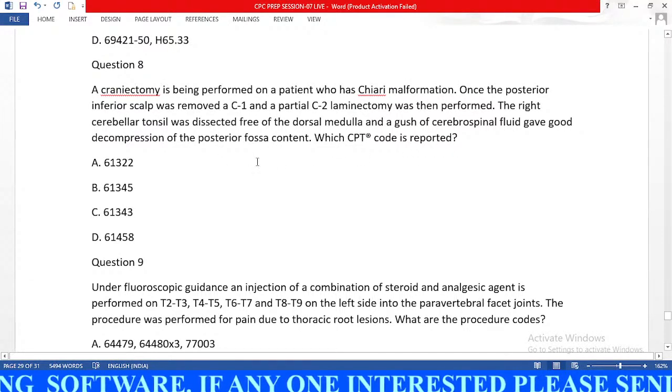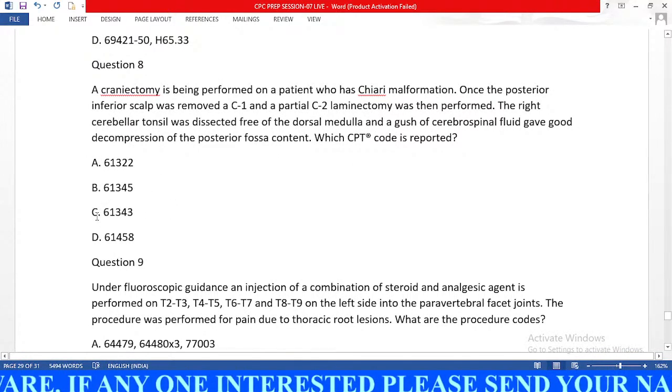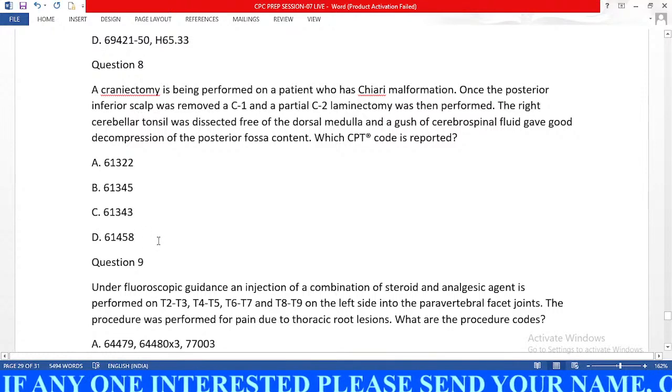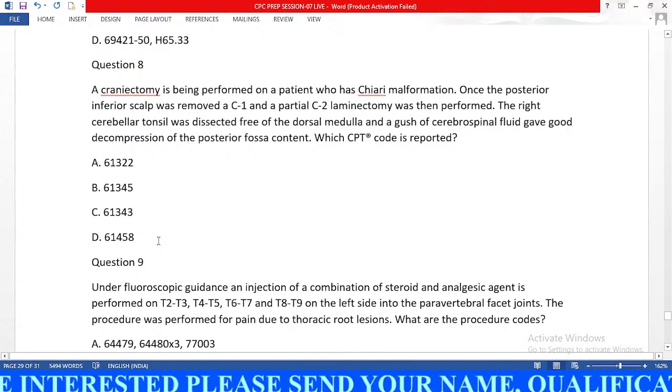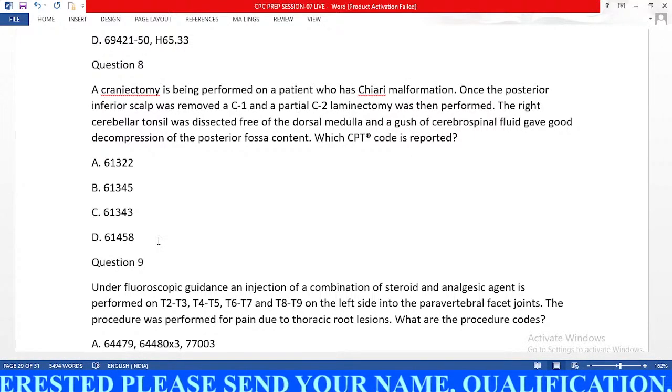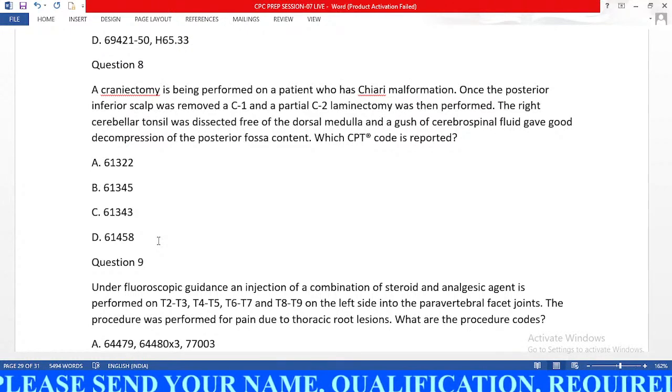Which CPT code is reported? A 61322, B 61345, C 61343, D 61458. Now it is 10:46. We can discuss the answer at 10:49. So go ahead, guys. Try for this answer.